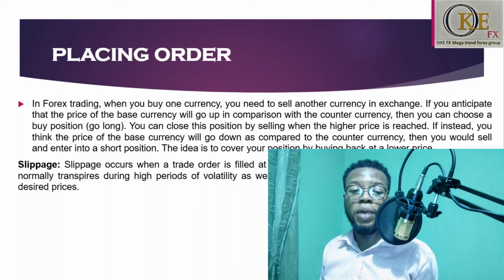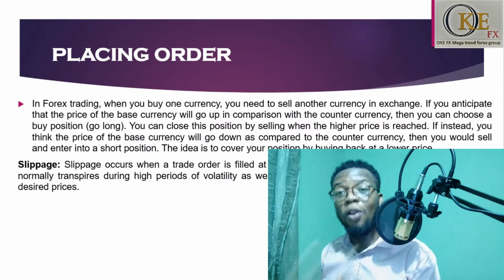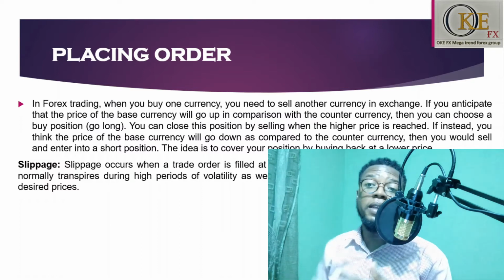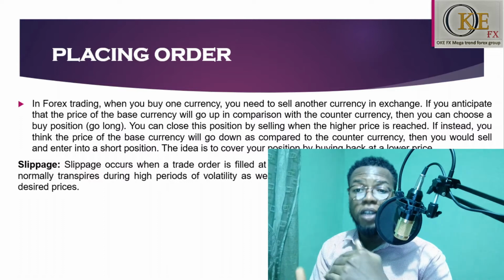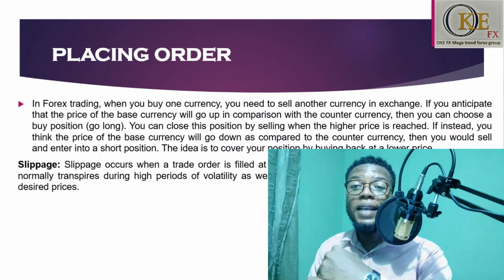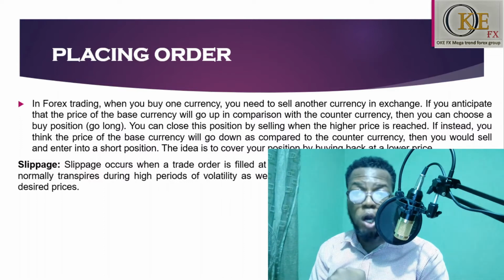Then you can either choose a position to go long or short. When we say going long in the Forex market, we mean buy, to place a buy order. When we say going short, we mean to place a sell order.